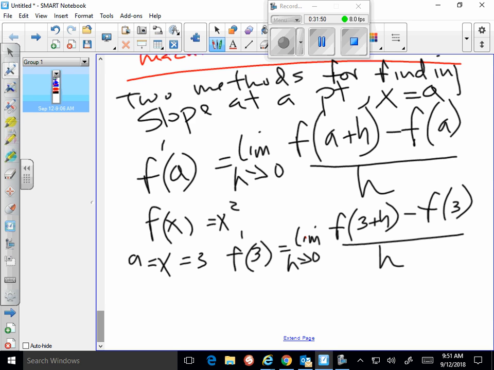How do I find f of 3? There's no prime here. This is still algebra 1. Hey, how do I find f of 3? Great. How am I going to find f of 3 plus h?